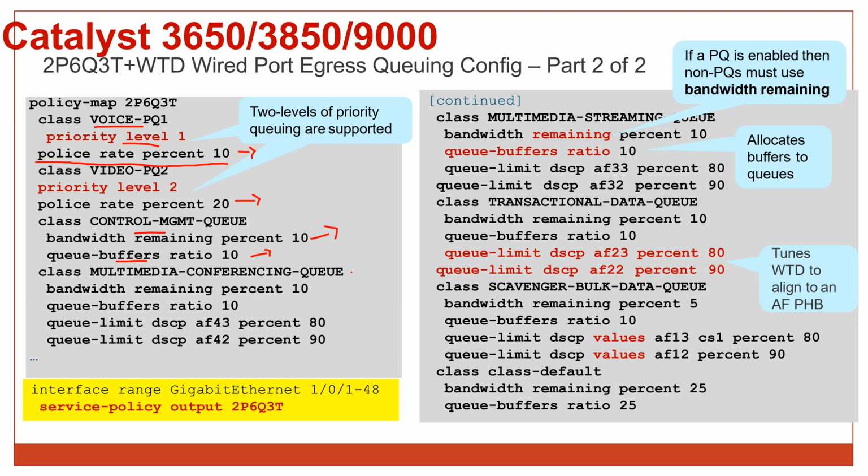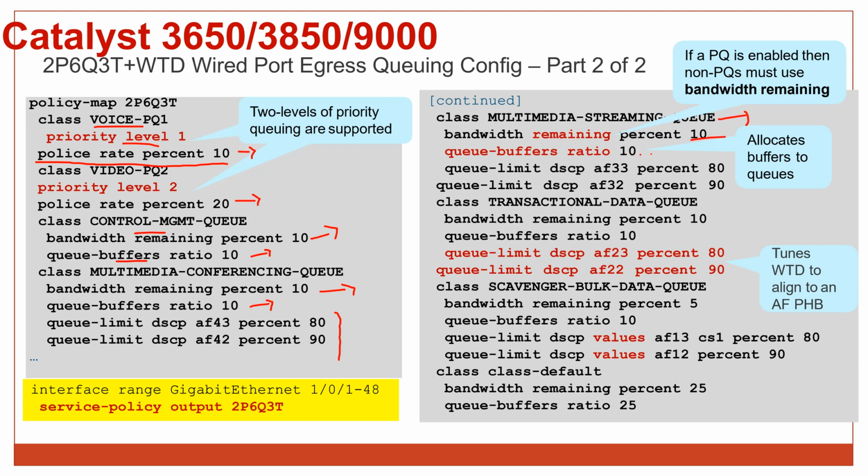Then you can see the multimedia queue, remaining bandwidth percent you are giving 10%, buffer you are giving 10%. And then we have the rest of the queues where we'll assign the bandwidth. So here you can see the rest of the queues in this line. So you have multimedia streaming as 10%.